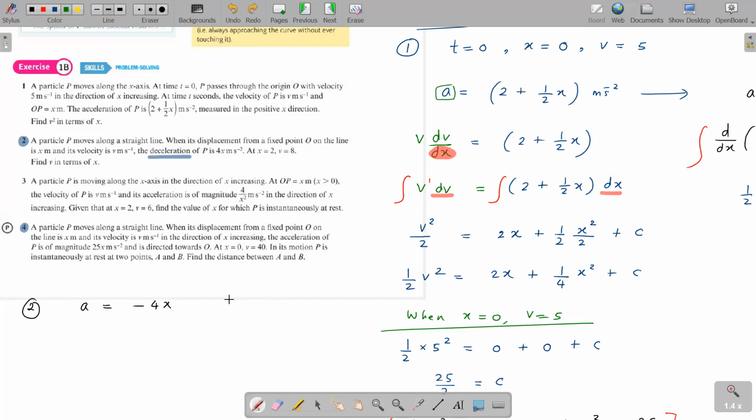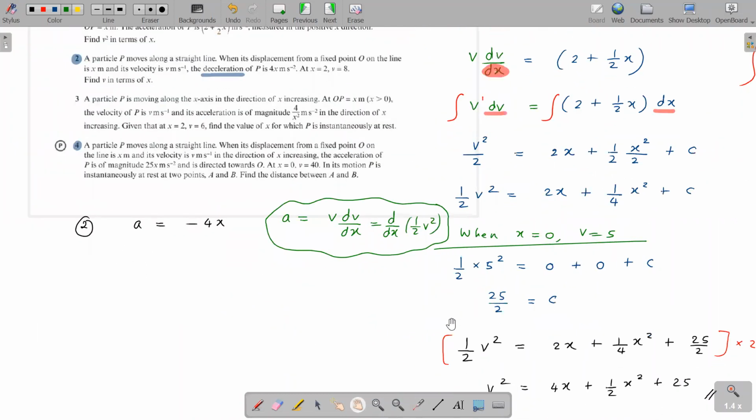When acceleration is a function of displacement, the equation that we came up with is acceleration equals v dv by dx, or it's equal to d by dx of half v square. So there are two equations that we came up with. You can use one of the two, and you must use one of these two equations. You cannot do it independently. Are you with me? Okay, so then I will go with v dv by dx.